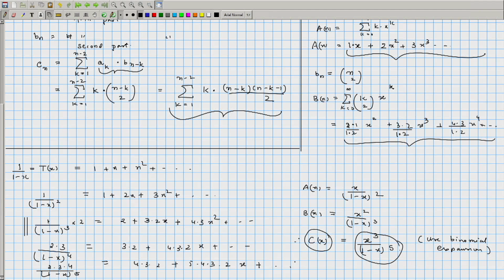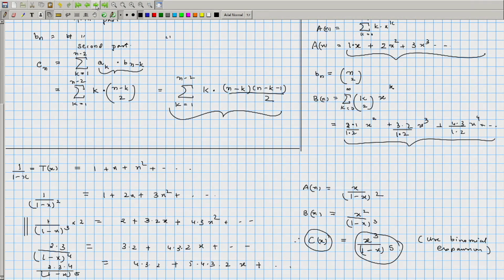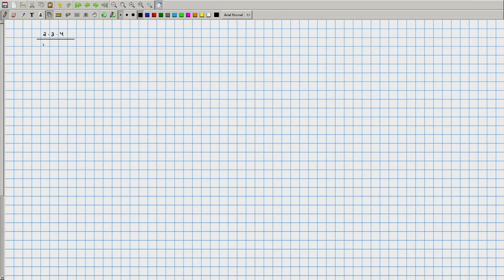Okay. And what we need is this multiplied by x cube. So, we can write this in the following manner: 2 into 3 into 4 by (1 minus x) raised to 5 is equal to 4, 3, 2, 1 plus 5, 4, 3, 2 into x plus 6, 5, 4, 3 into x square and so on.